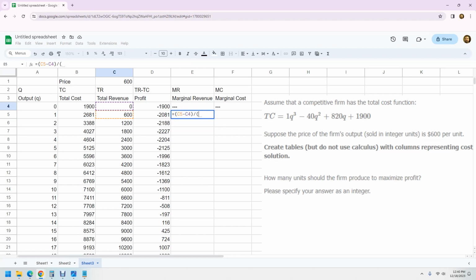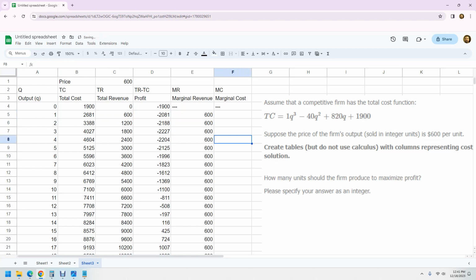So we'll do another parentheses here, this minus this, which is just one. In this problem, it's just one. But if you had like 100 units or 200 units, something like that, it's going to be the same all the way down because this is perfectly competitive, and it's calling it a competitive firm, but whatever.